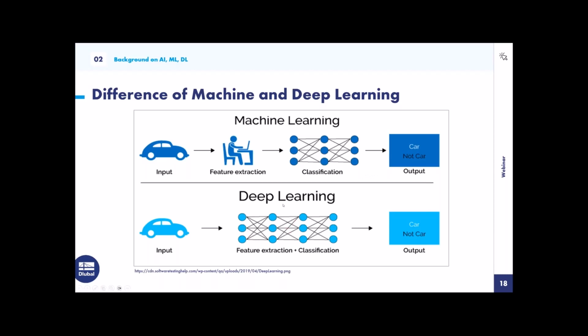Deep learning comes with a downside. As we get rid of that feature extraction step, you need more data. In comparison to machine learning, where you can have as little as 100 or so data points to train a sensible machine learning algorithm, in deep learning, it's way more complicated.